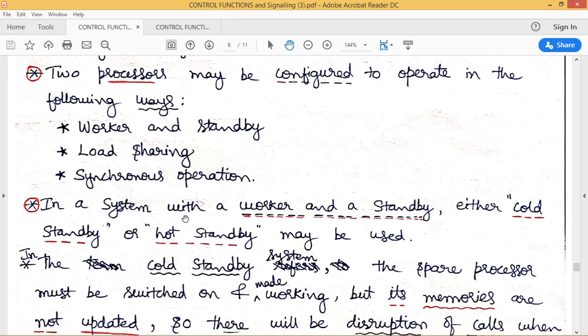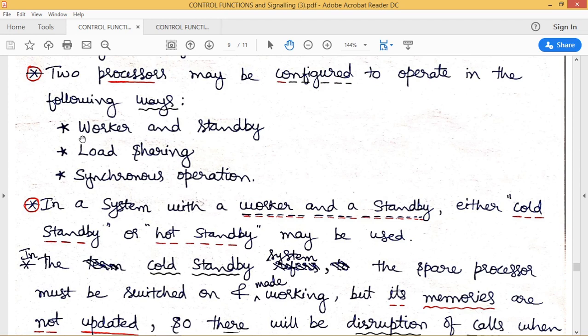In an SPC system with a worker and a standby, the two central processors operate in two ways, that is cold standby or hot standby.